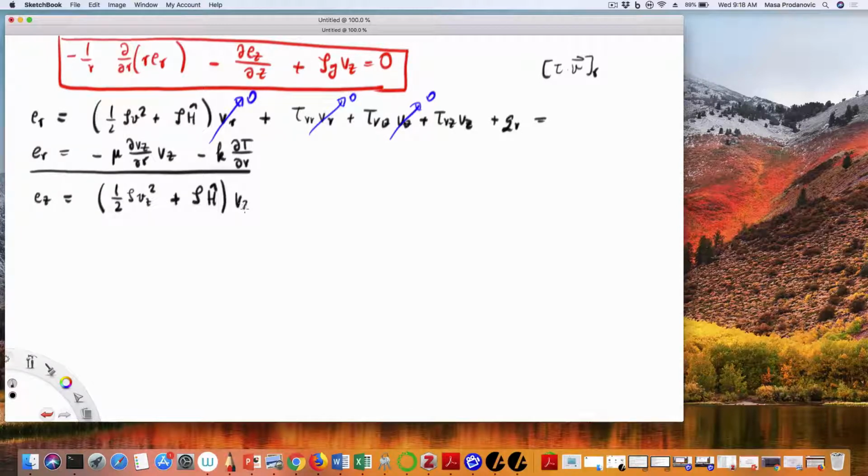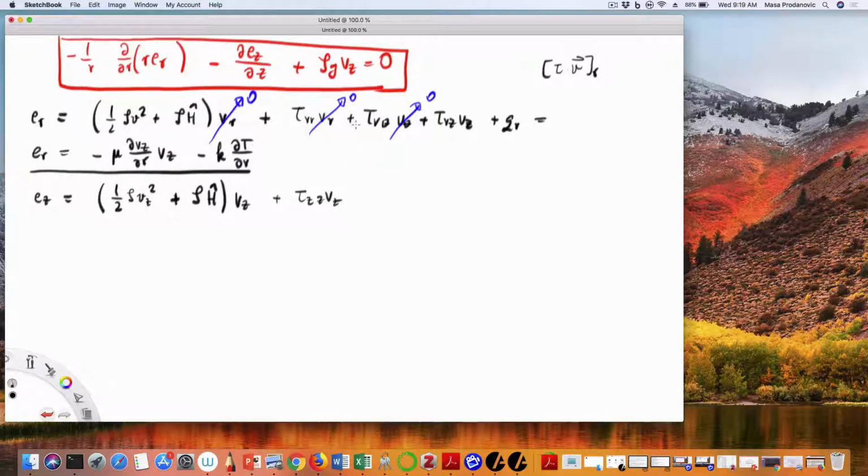Okay, back to our EZ. So this is the z component. Then here I have the only one that is actually non-zero when I look at what I had before, which is tau zz vz, potentially.